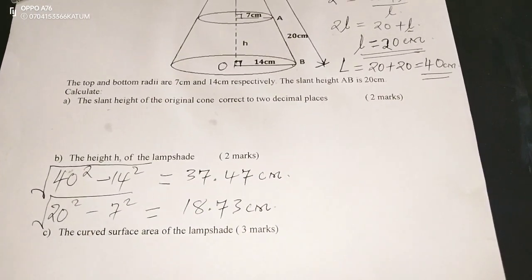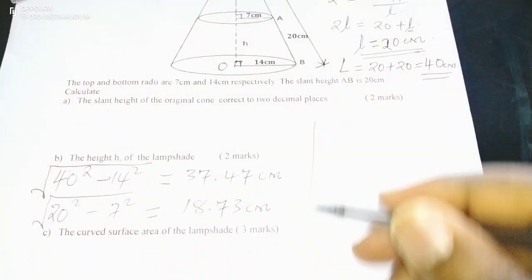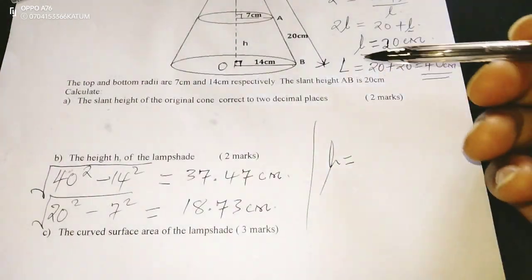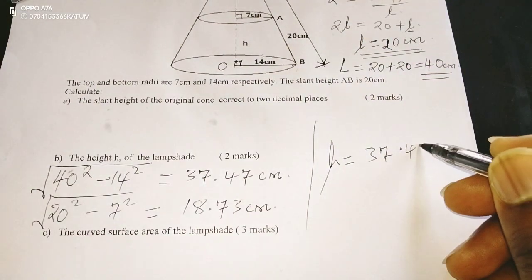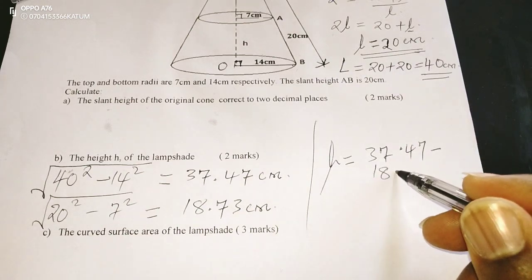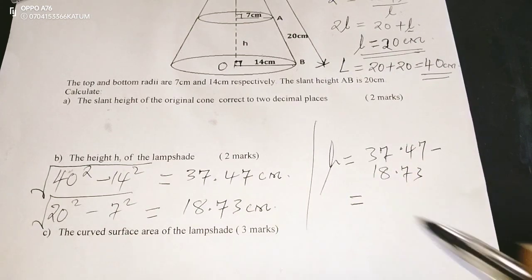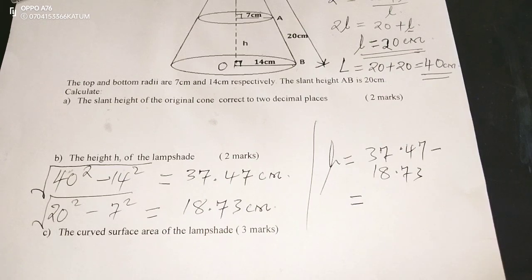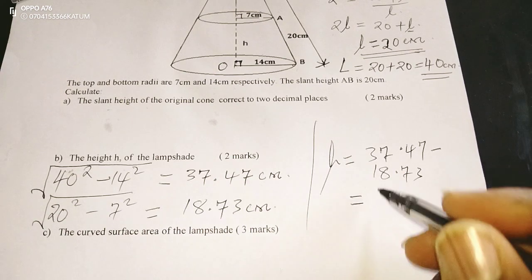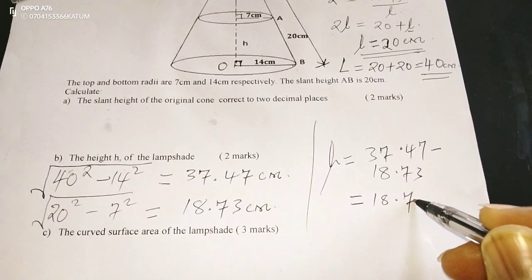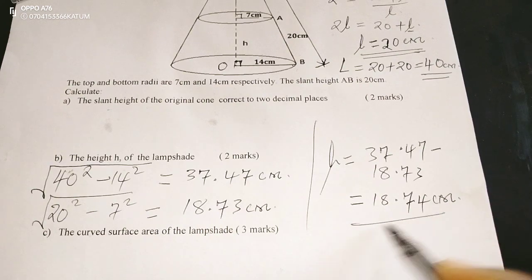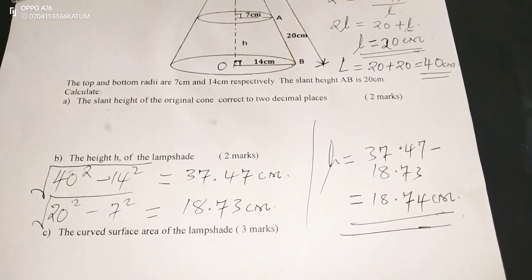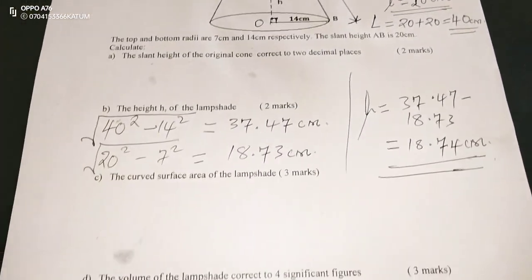Now the height of the remaining frustum is 37.47 minus 18.73, which gives 18.74 centimeters. This is the height of the frustum itself.